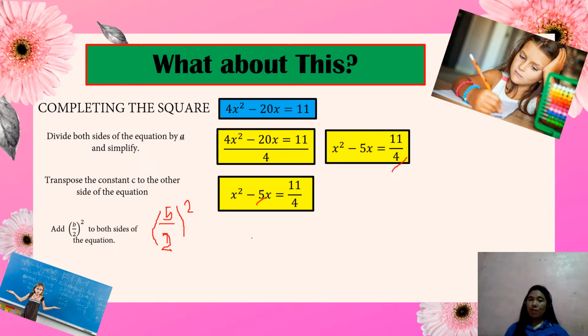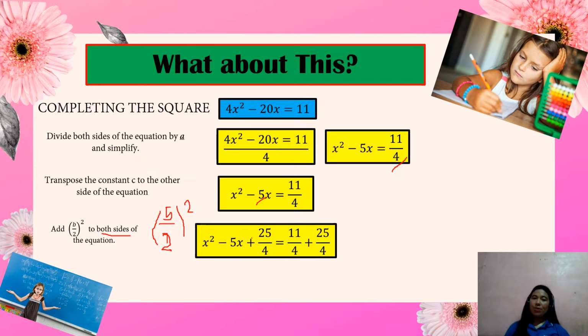Remember that it should be added to both sides of the equation. So therefore, we're going to have here the 25 over 4 and the 25 over 4. Now, before proceeding to the next step, you need to combine first 11 over 4 and 25 over 4.